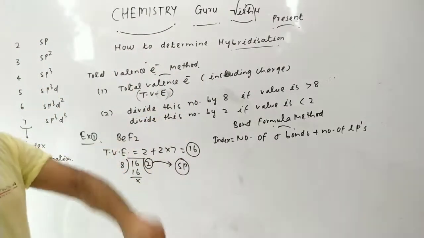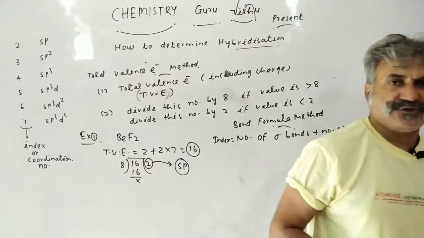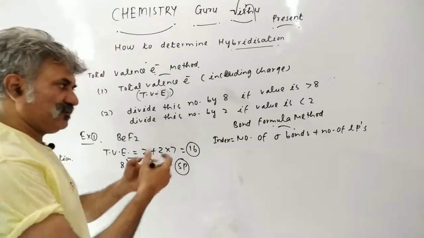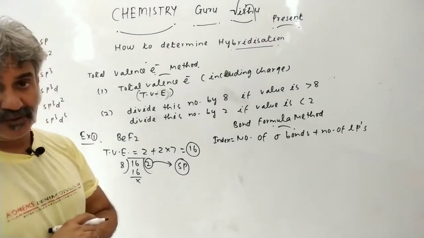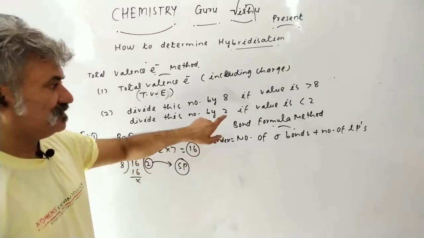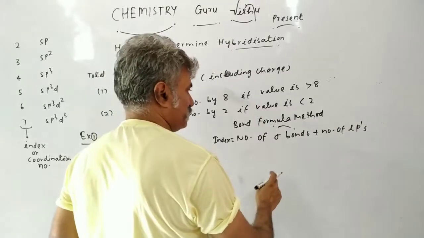This is the best method. This is the method which you can use to determine the geometry of any molecular species. It's very simple, and the most important thing is, the most trusted method is the bond formula method. So the number of sigma bonds and the number of lone pairs.